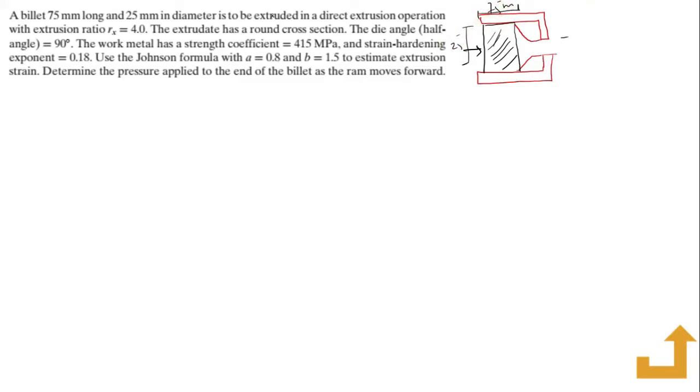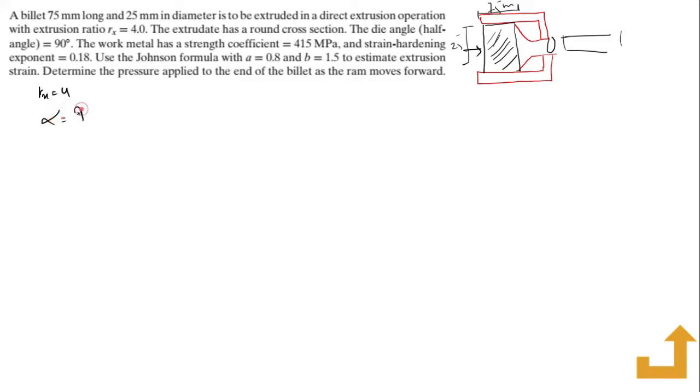Okay. In a direct extrusion operation with the extrusion ratio, that is Rx equals to 4, the extrudate has a round cross section, so we have the round opening of the orifice. The die angle, that is a half angle, is equals to 90 degree.